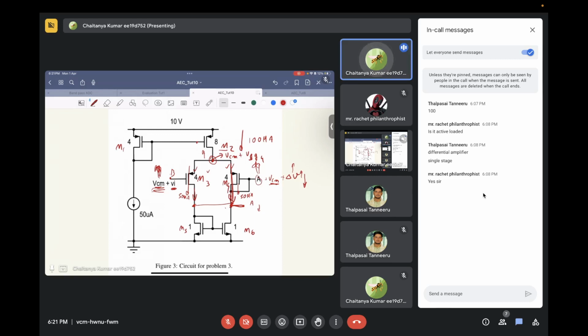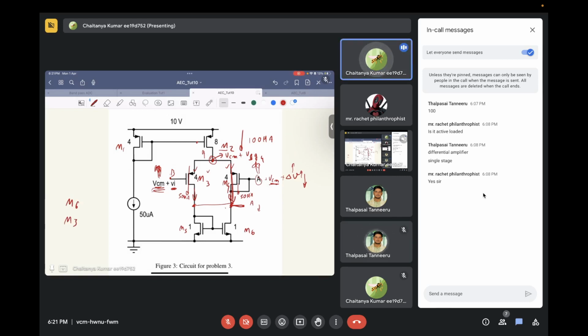Now, when VCM keeps on reducing, which transistor can go out of saturation? M6, sir. Is there any other transistor that has risk of going out of saturation? One candidate is M6, the other candidate is M3.